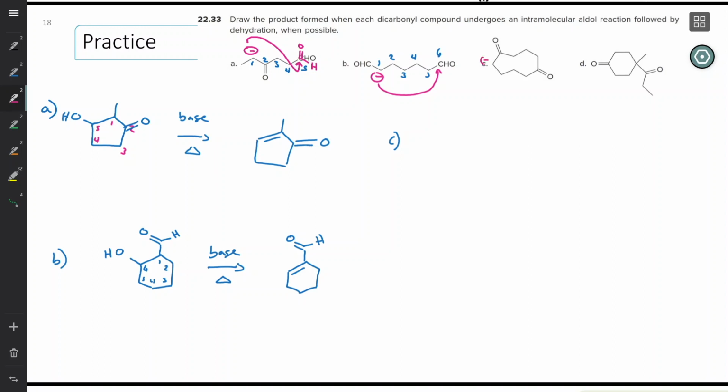You could have this charge over here, and that could attack this way. You could have this charge over here, and that could attack that way. And then similarly, negative charge on this side could attack, or negative charge on this side could attack.